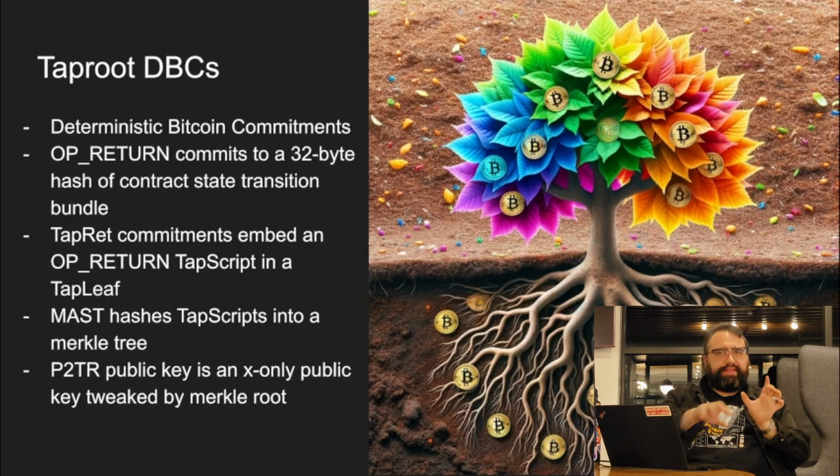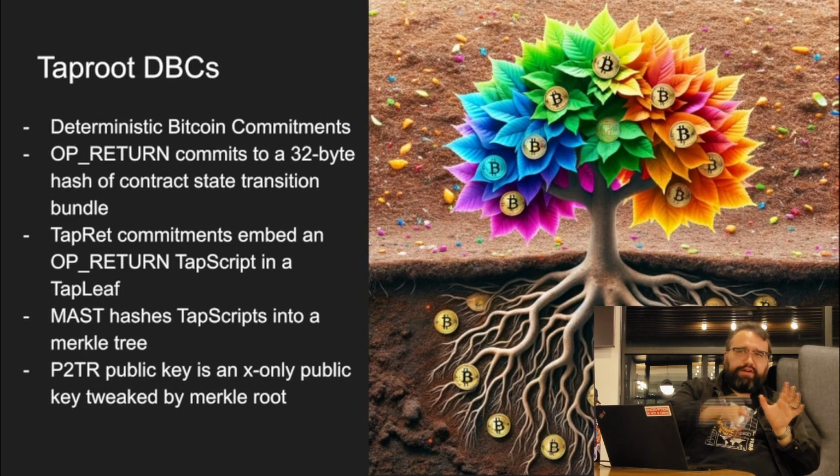This is a thing that doesn't go onto the Bitcoin blockchain. It's just a thing that we imagine is there. We act like it's there, and then we take the end result of it having been there, being the Merkle root of the tap tree.